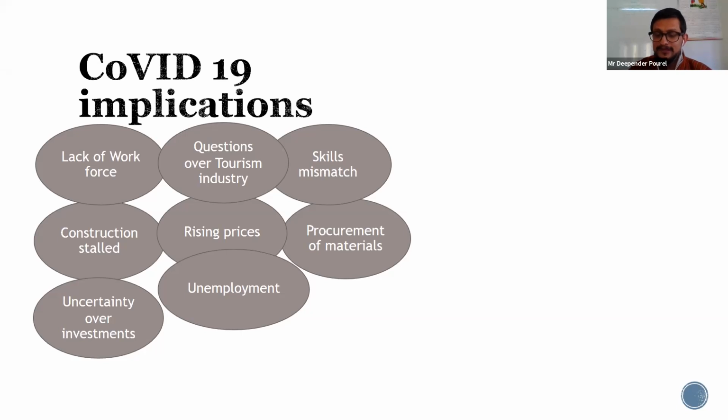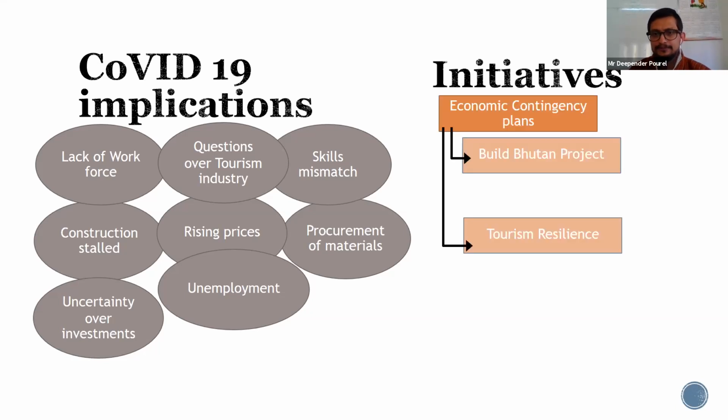But thankfully, the government has been working very hard, and I'll only be talking about those initiatives that the government has put in place for the built environment and the construction industry. Under the economic contingency plan, there are two projects that are very strongly highlighted. One is called the Build Bhutan project, and the other is tourism resilience.